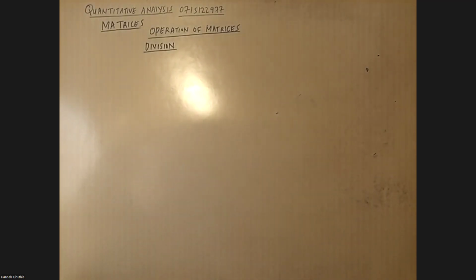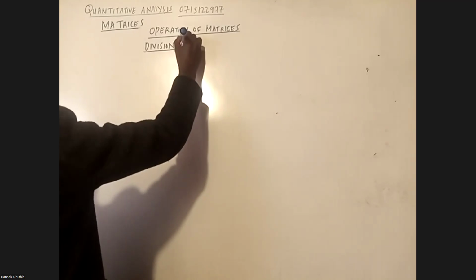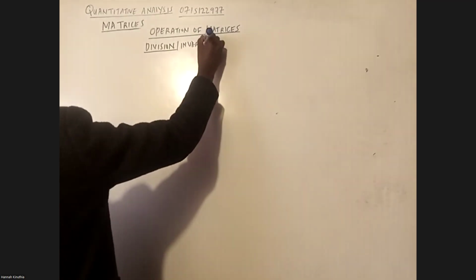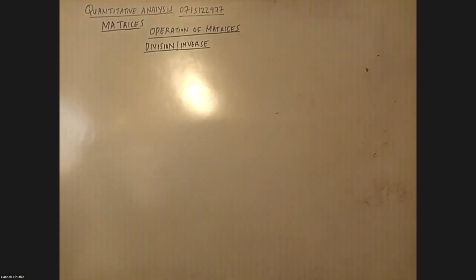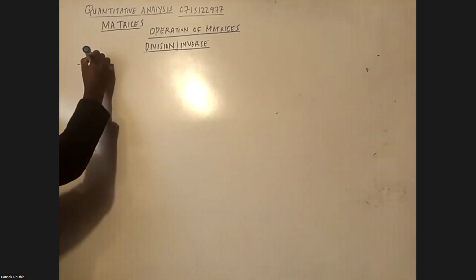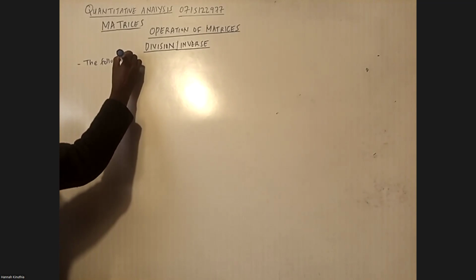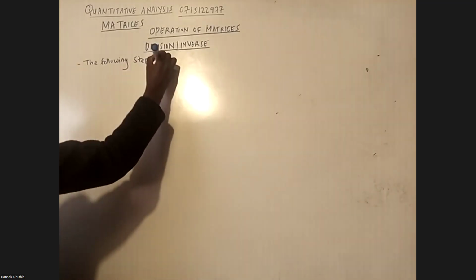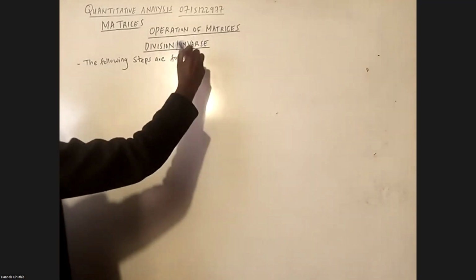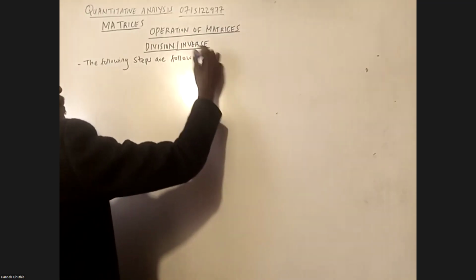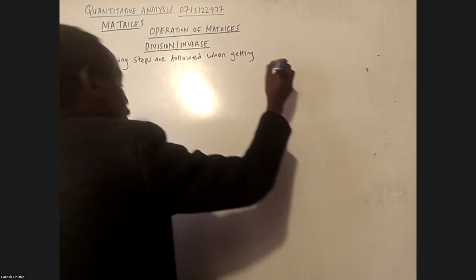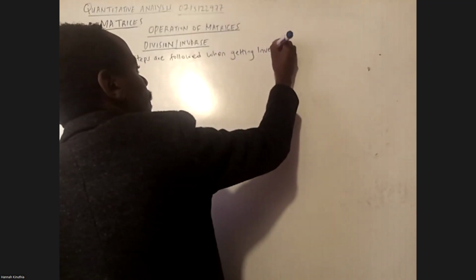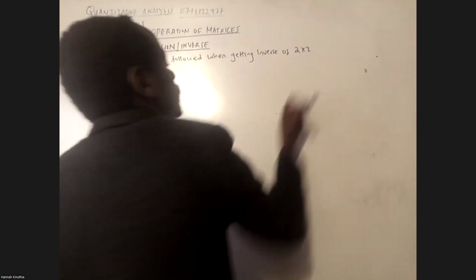Now, you can also call it the inverse. So you can say the following steps are followed when getting the inverse of a 2 by 2 matrix.